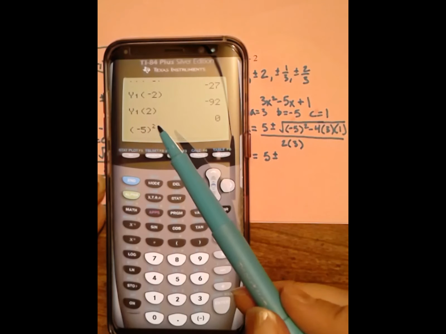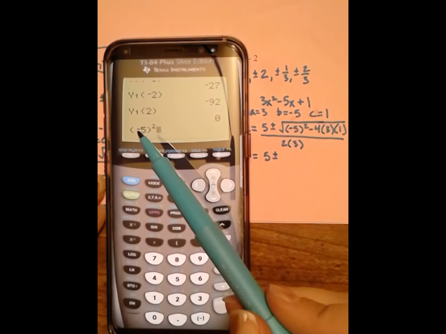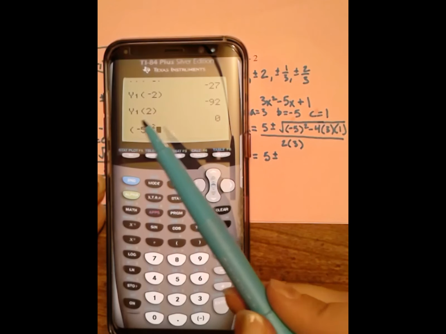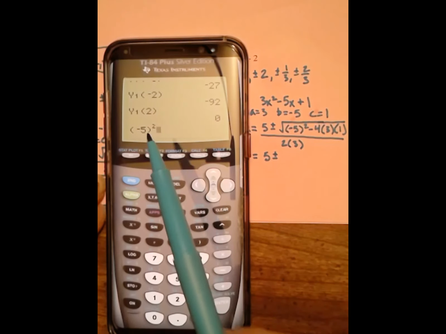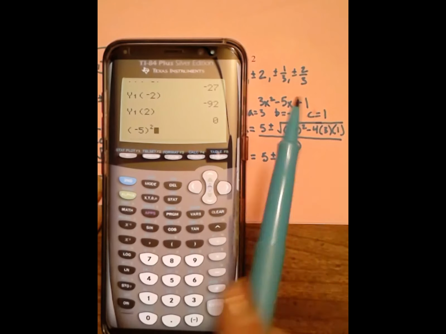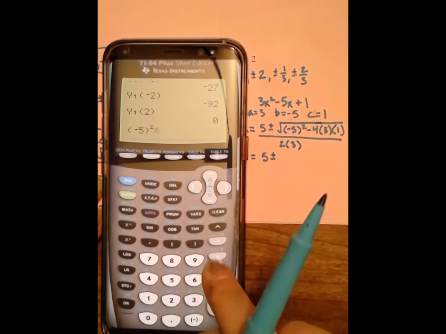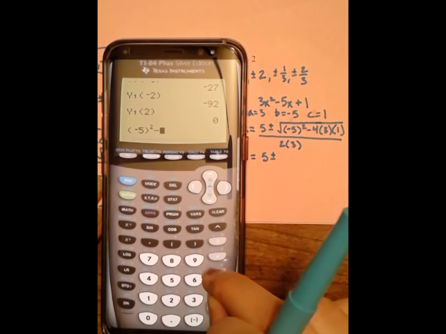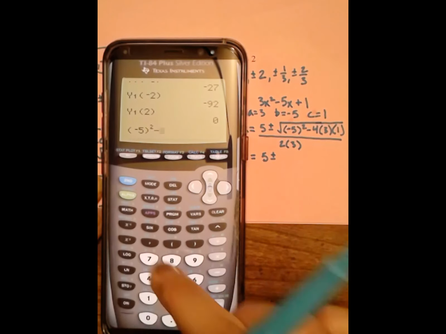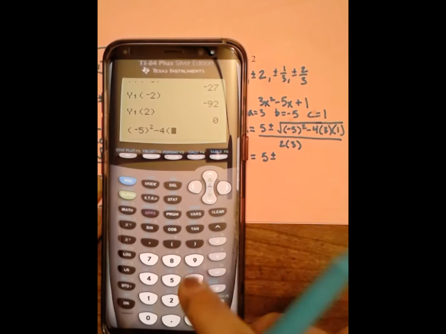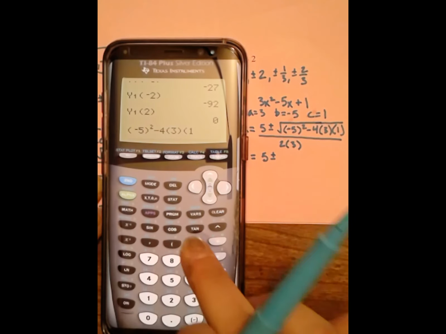If it's not in parentheses, the calculator is going to keep it negative because it thinks you only want to square the 5. So once again, you best put that in parentheses. Okay, -5 squared, and this is a minus. It's not a negative. I hit minus 4 times a times c.